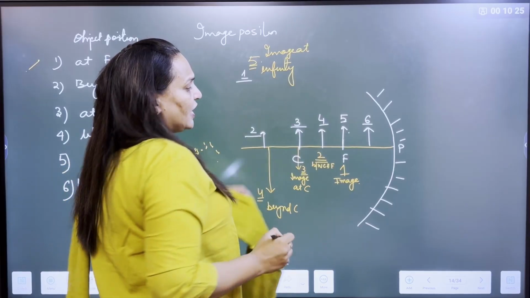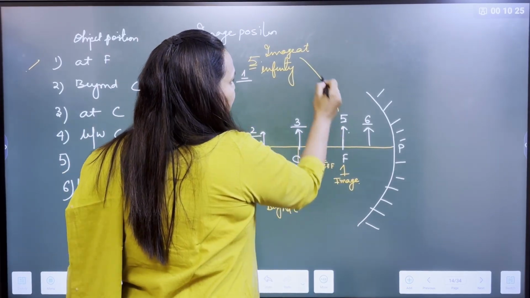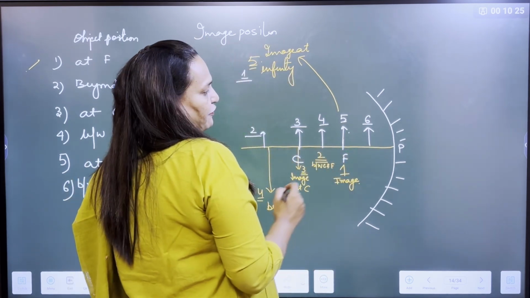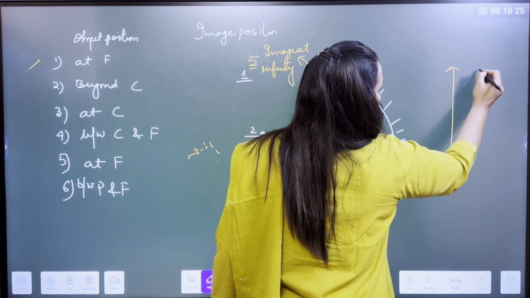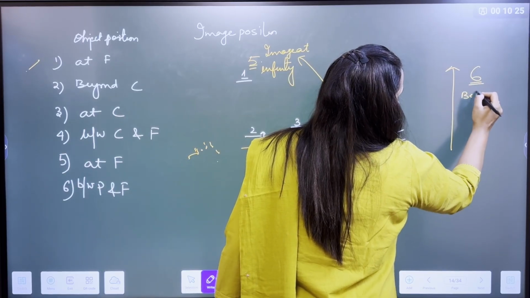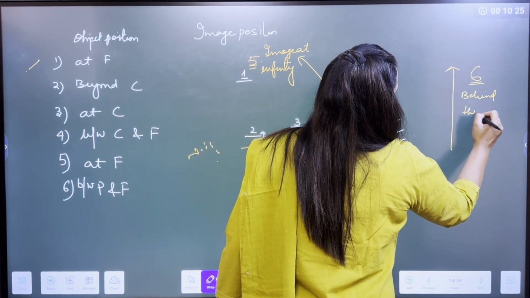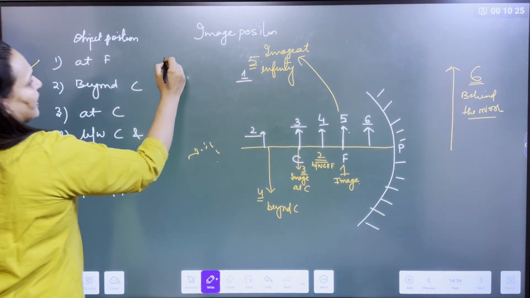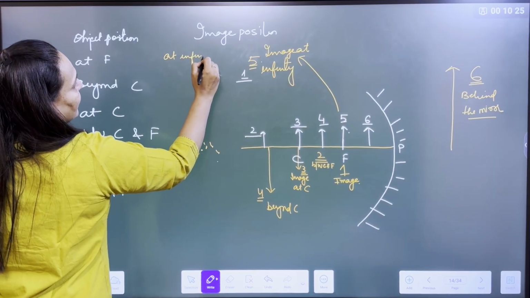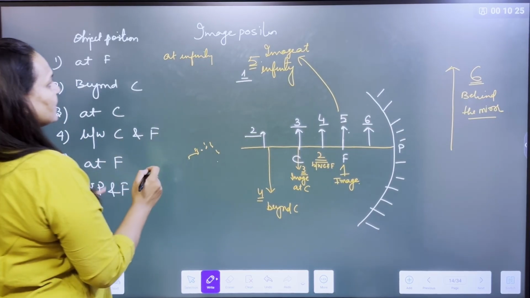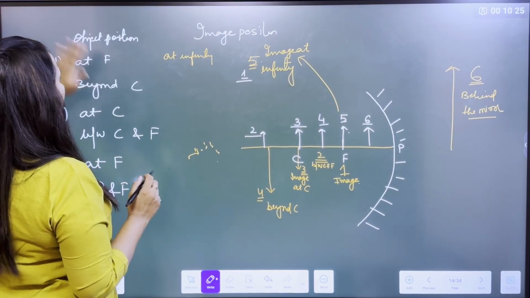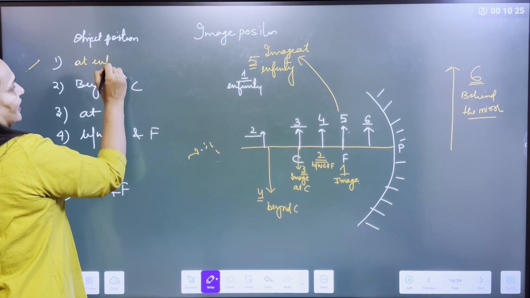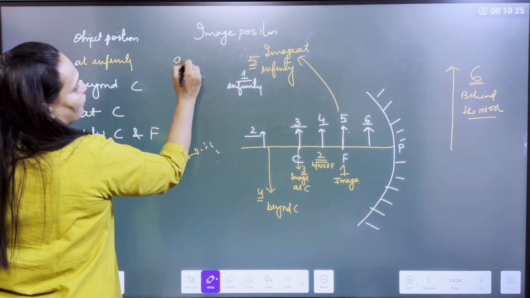Whose image at infinity? Object. This is the object position at focus. And if the object at between F and P, where the image go? Behind the mirror. I hope everybody understood. Very easy to remember. At focus, image is at infinity. Right? Here I'm sorry, I should write object at infinity, then image is at focus.